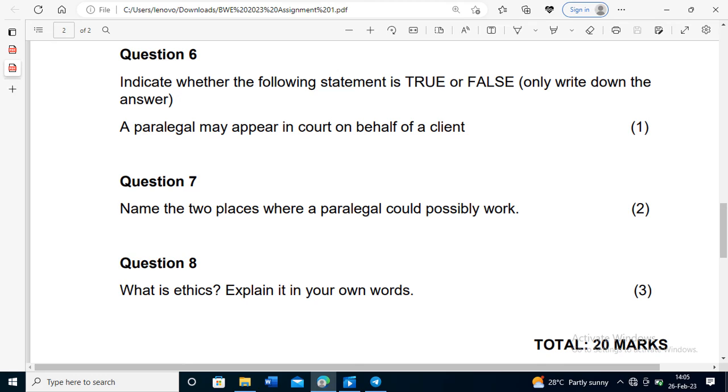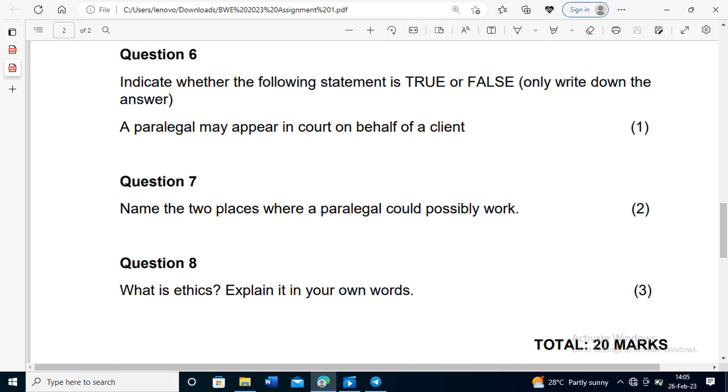Those can represent a client in court, but a paralegal cannot represent. So if you go to page 24 under 1.5.5.3, you're going to see the part on court appearance. You will see who is allowed to appear in court and who is not allowed to appear in court.